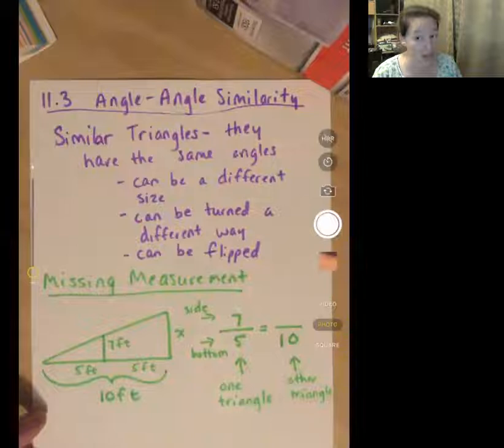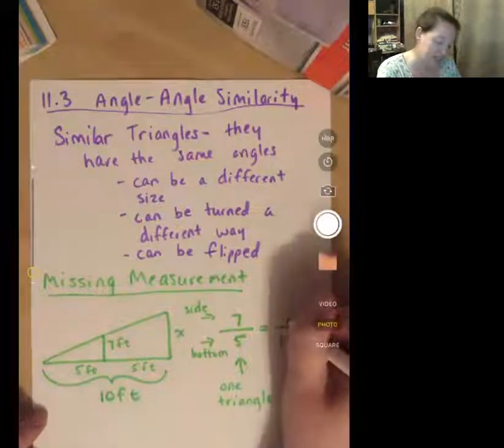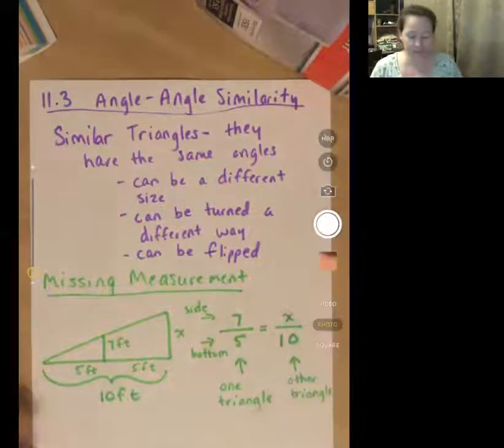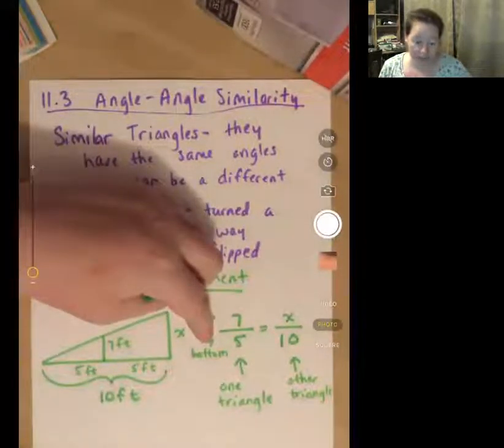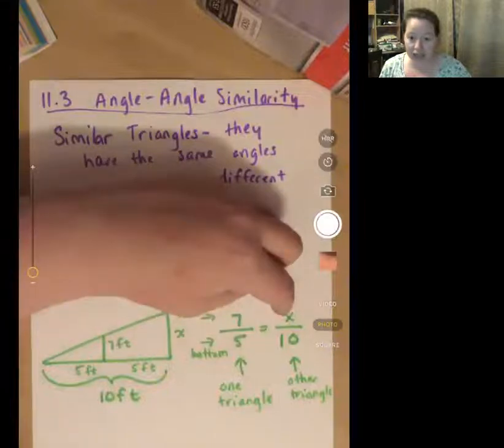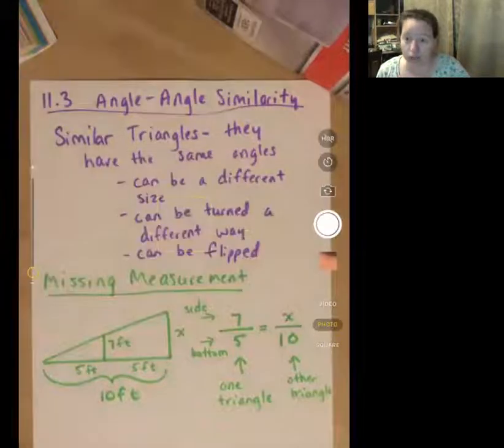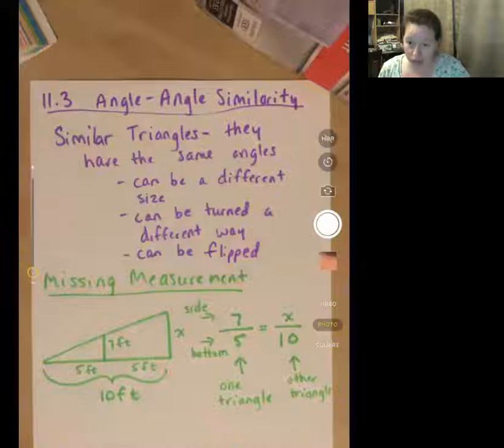I do not know what the X is. Do you see? The side and the bottom of one triangle is equal to the side and the bottom of the other triangle because they are similar triangles. I can do that because their proportions are the same.